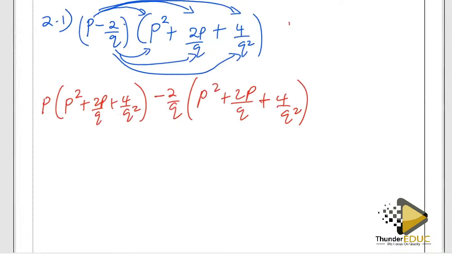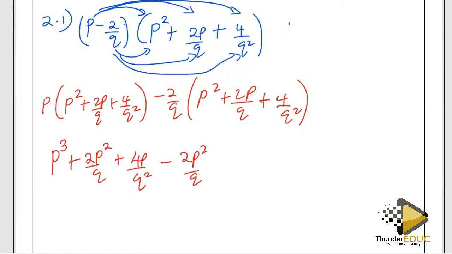Let's start. This and that is going to be p cubed. Then this and that is going to give us 2p squared over q, and that's going to be 4p over q squared. We open this up, it's going to be negative 2p squared over q. This and that is going to be minus 4p over q squared. And then this negative 2 multiplied by that, we're going to get negative 8 over q cubed.